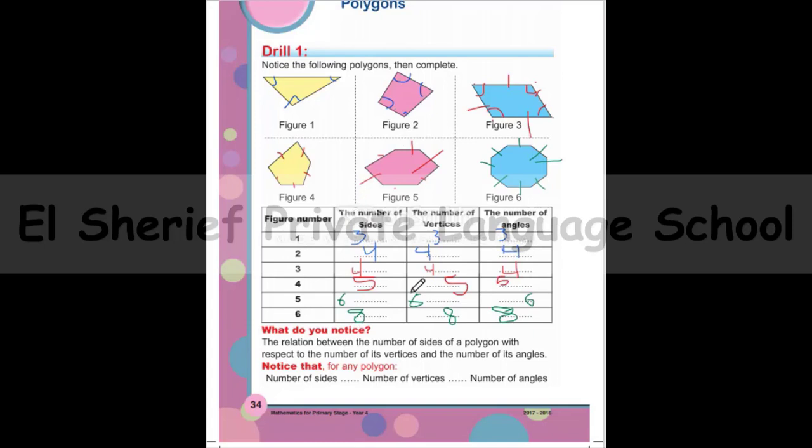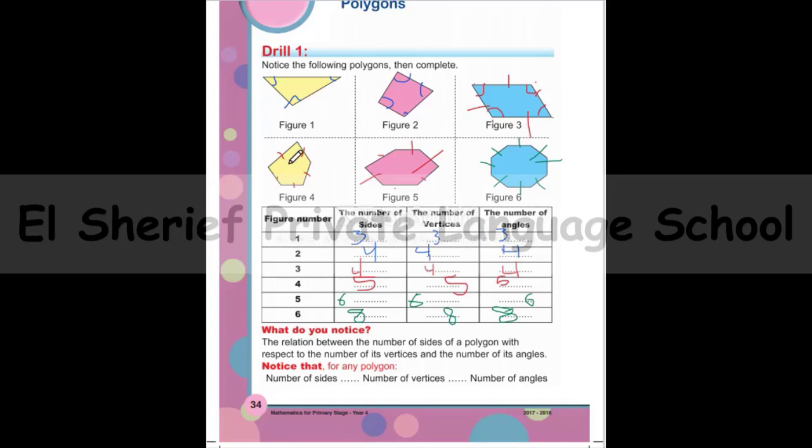And the figure that has 8 sides, 8 vertices, 8 angles, like figure 6, is called an octagon. And the figure that has 7 sides, 7 vertices, 7 angles will be called a heptagon.